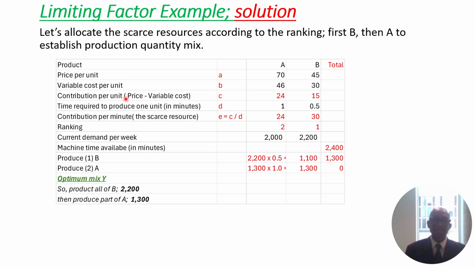Here it is in this slide. We need to identify the total available minutes or resources. Machine A has a total of 2,400 minutes available.